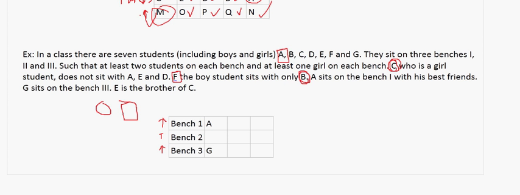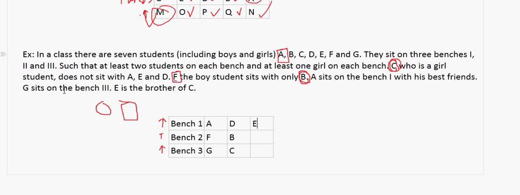It says F, the boy, sits with B only, so F and B have to be here, right? C cannot sit with ADE, so C sits here and DE sits here. So this is the arrangement.